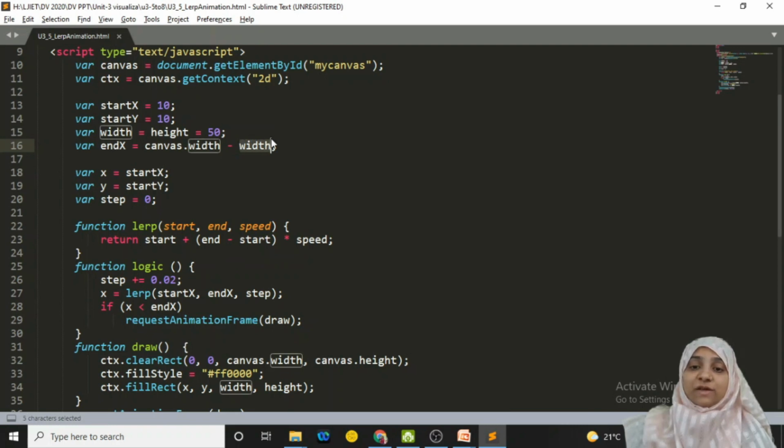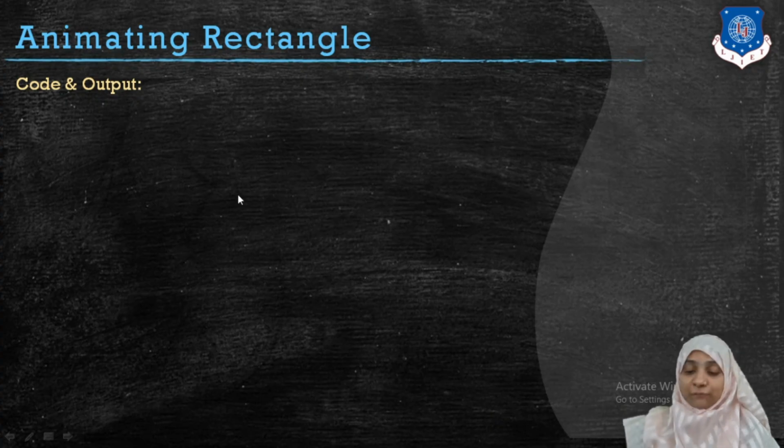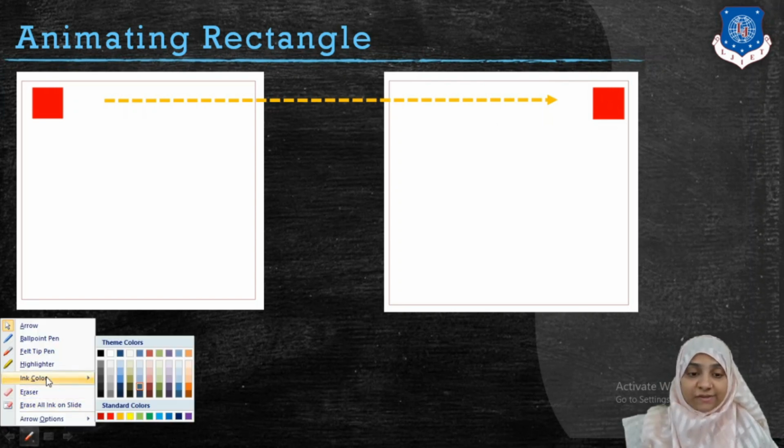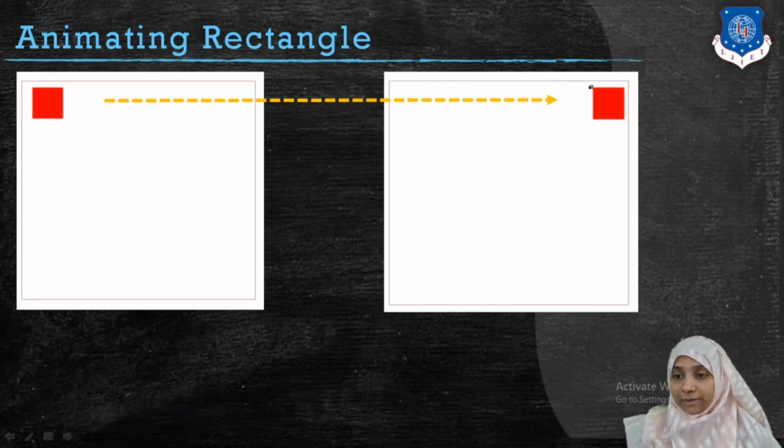minus width, because if you give end x as some value, it might happen that pixels go out of your canvas. So you are making sure that whatever the width of the canvas is, minus the width of the rectangle, that should be the last point. If I would like to say the same thing in a representational format, I am talking about end x as this particular point.